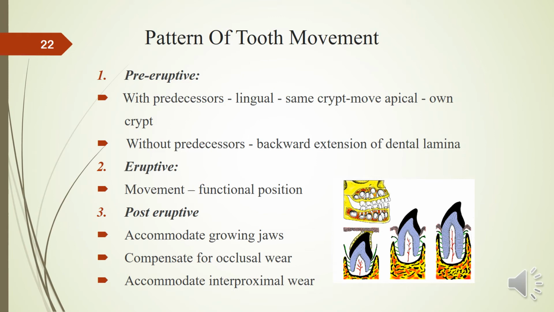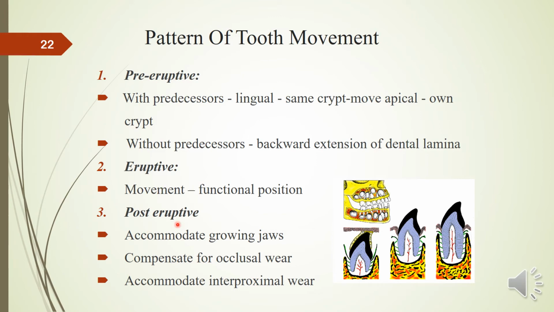Those teeth which do not have a predecessor, that means which do not have a milk tooth to replace, have a backward extension of the lamina dura. Remember lamina dura, and that is where the tooth bud stage begins.